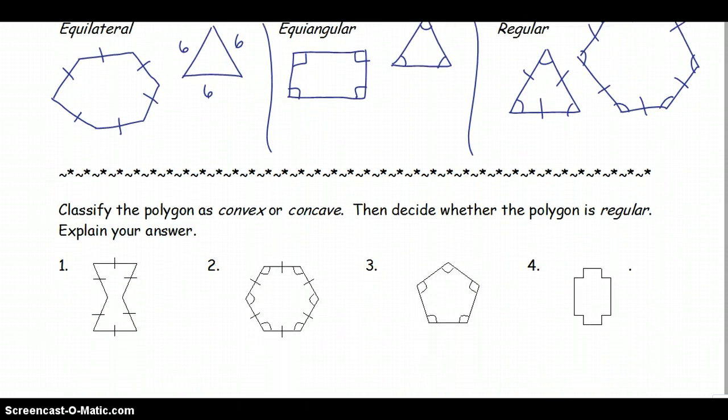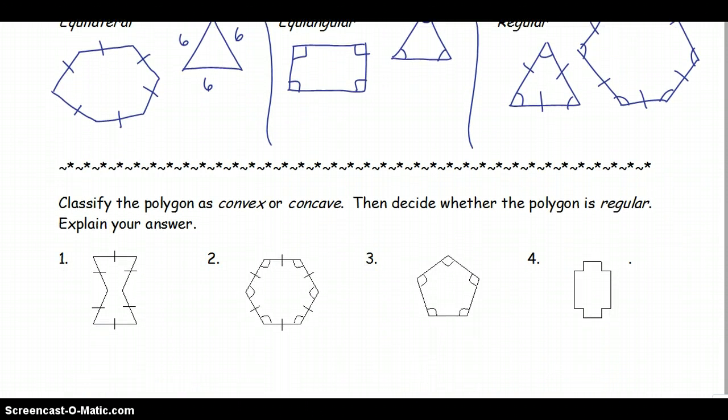So what we're going to do in these next few problems is just decide whether these are concave or convex, and then whether they're regular or not. And again, regular means all the sides and all the angles are marked congruent. So like for number 1, if you notice, these sides here are caving inward, so this is going to be concave.